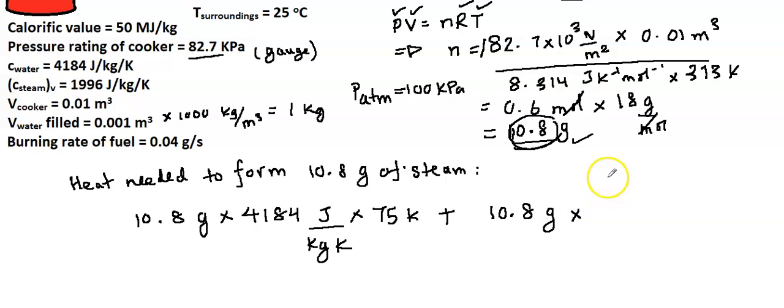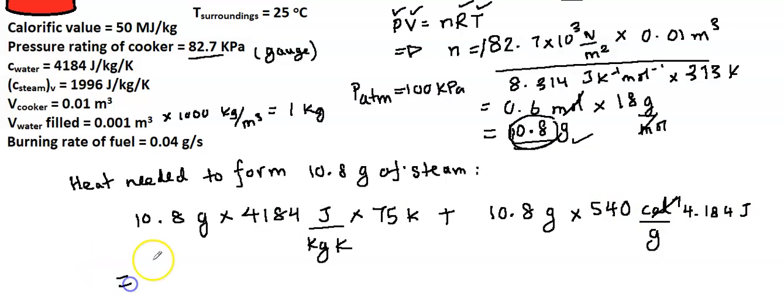times, this was not given. I think it's around 540 calories per gram. Okay, and 1 calorie is around 4.184 joules. Okay, so hopefully we can get, without messing up the units somehow. 10.8 grams, so that's 10.8 divided by 1000.